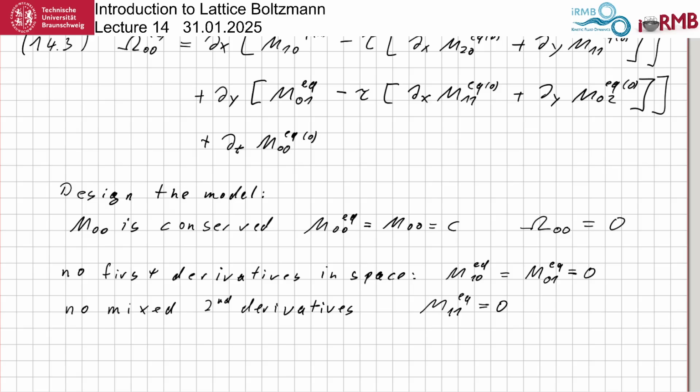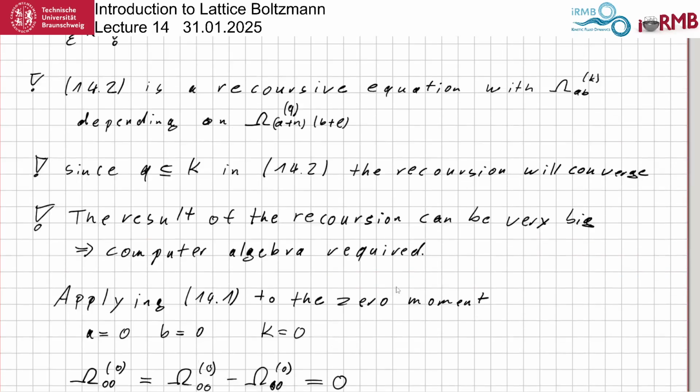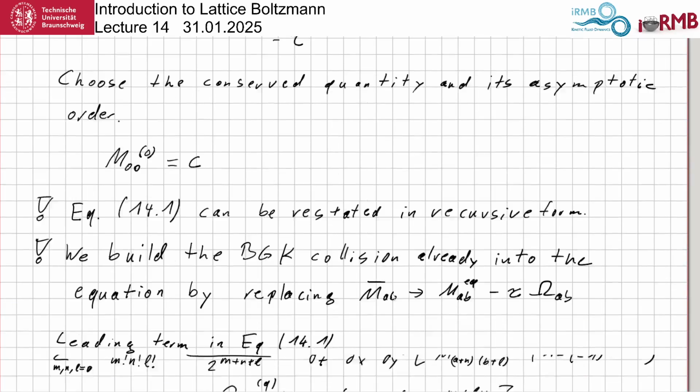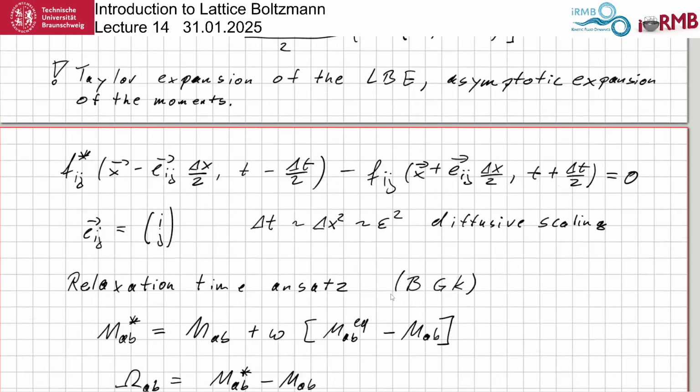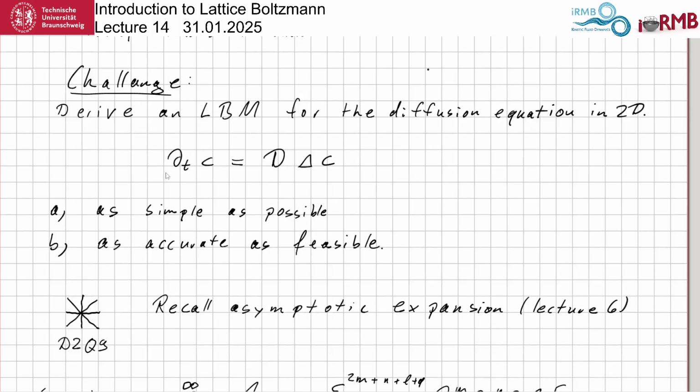Why is there no first derivative in space? Do we get this from the original diffusion equation? The equation that we are solving, we want to solve this equation, and in this equation, there is no first derivative in space.